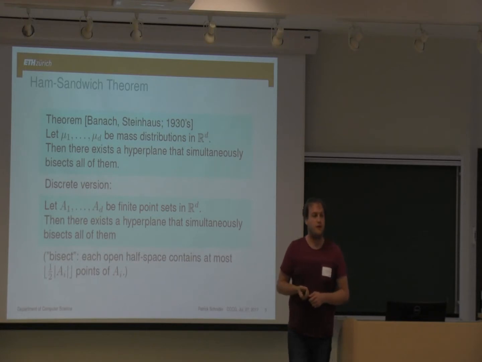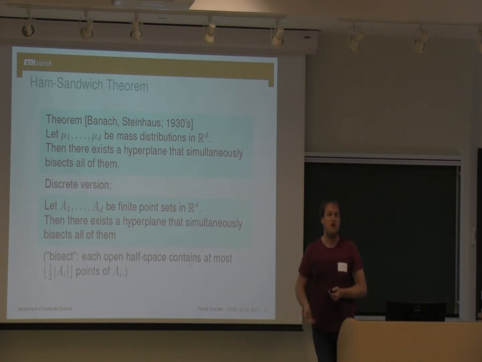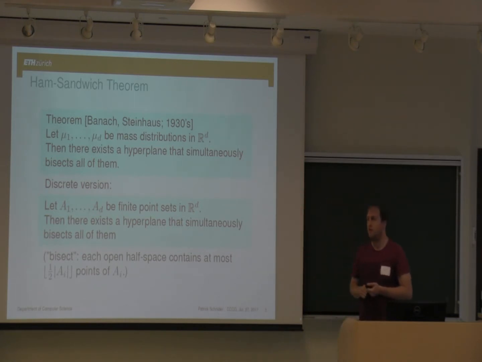So this is very related to the very famous ham sandwich theorem that I guess most of you know, which says that if we have d mass distributions in d-dimensional space, then we can simultaneously bisect them using 1 straight cut, so 1 hyperplane. So in 2 dimensions, this means if we only have a pizza with 2 ingredients, so a rather boring pizza, then we can just cut this once, and we will be able to split this evenly.